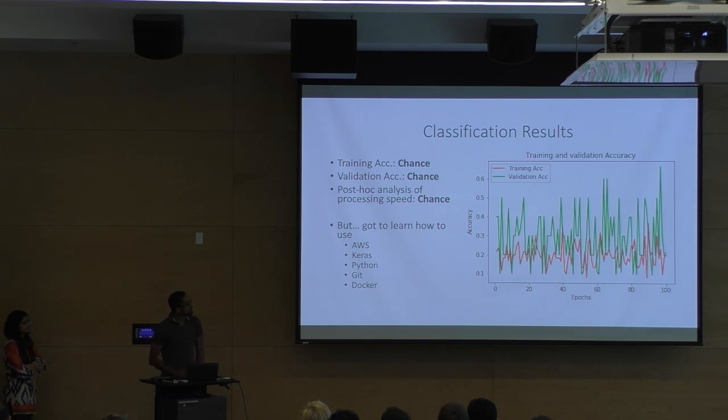This plot here on the right is showing the training versus the validation accuracy, which hovered at exactly chance, about 25%. But overall, we all had a lot of exposure to using AWS, Keras, Python, Git, and Docker, which is kind of what we got into it for. Who's next?